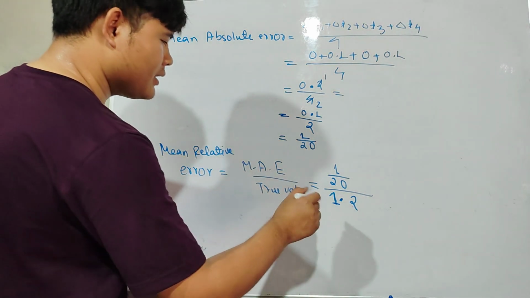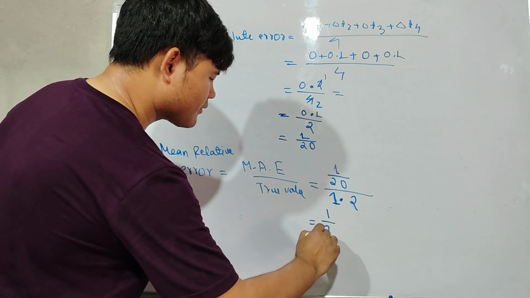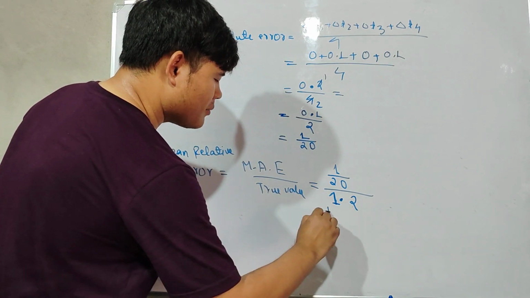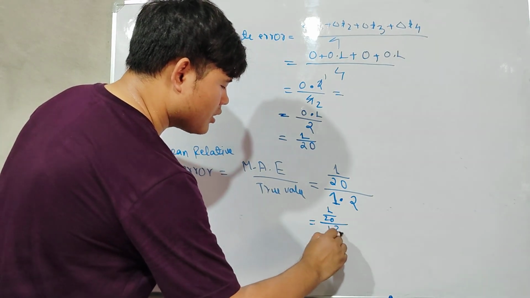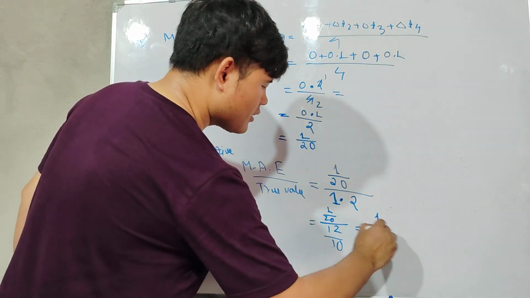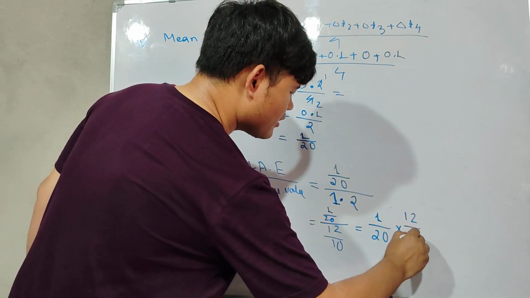So what will this be? 1 by 20, and 1.2 means 12 by 10. So it will be 1 by 20 into 12 by 10.